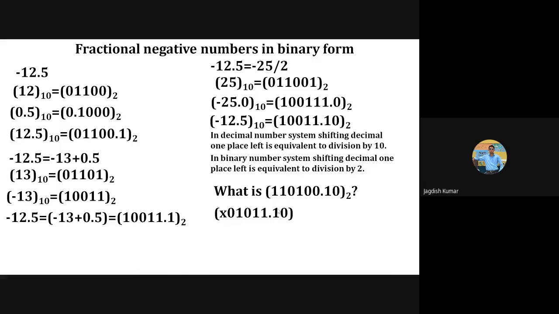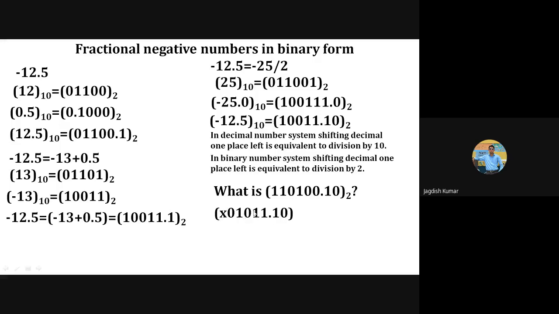You go from the right-hand side and spot the first non-zero bit, which is this one. Up to here everything remains the same. That's yesterday's rule for how to get the 2's complement. Then invert everything, so this 0 becomes 1, this 0 becomes 1, this 1 becomes 0, this 0 becomes 1, and this is 0. So this is the number.